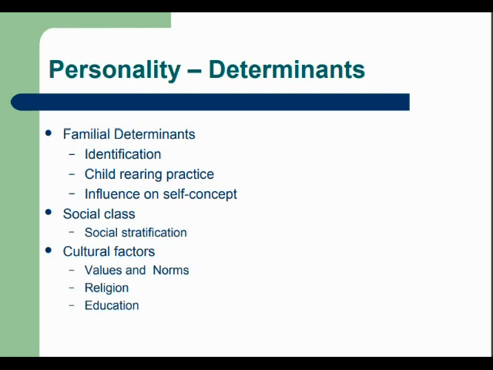Familial determinants: identification, child-rearing practice, influence on self-concept. Social class, social stratification. Cultural factors: values and norms, religion. Education.